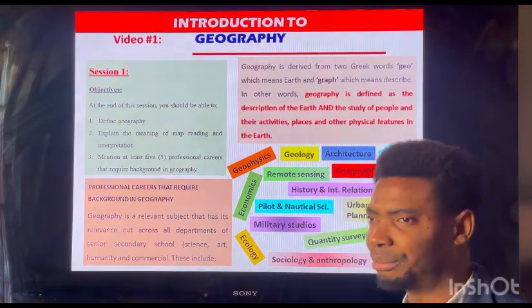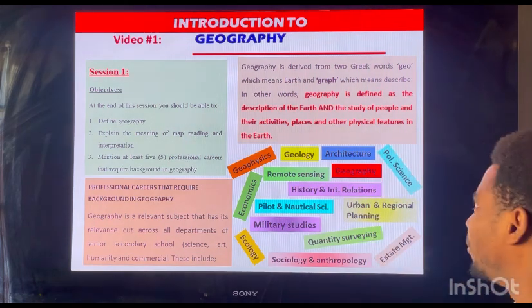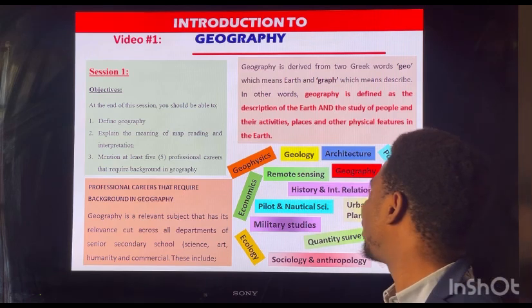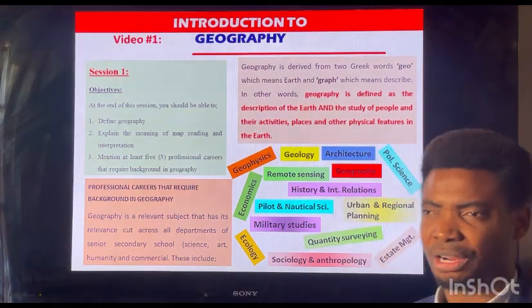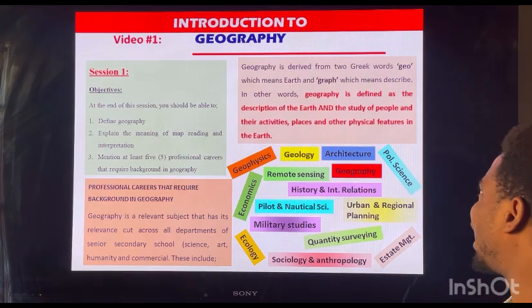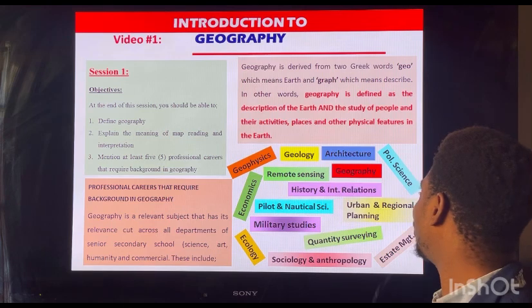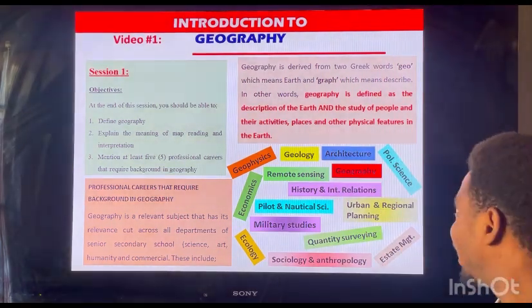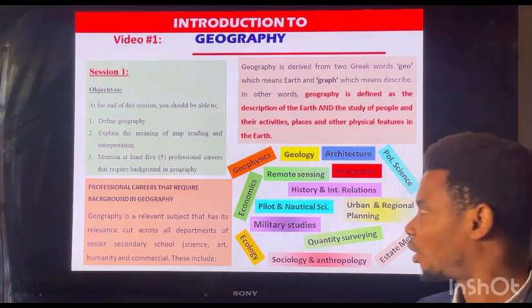How do we describe the earth? We describe the earth by the people, activities, places and other physical features you can find on the earth. That is why we say geography is defined as the description of the earth and the study of the people, their activities, places, and other physical features of the earth.